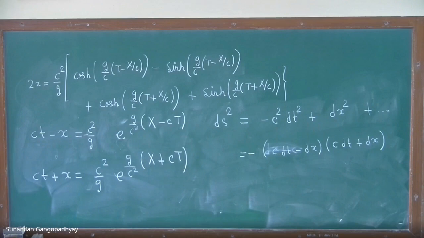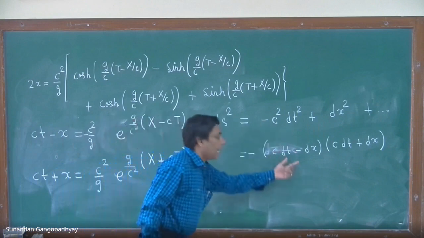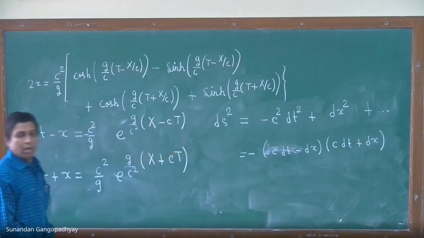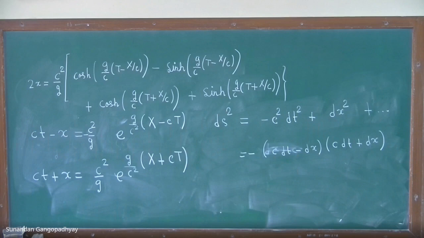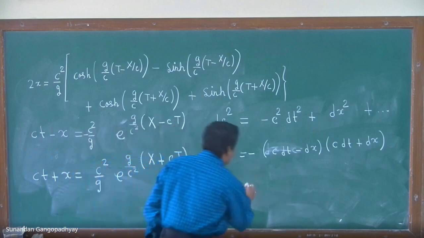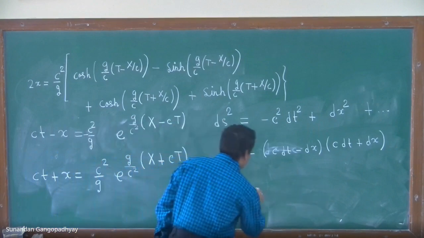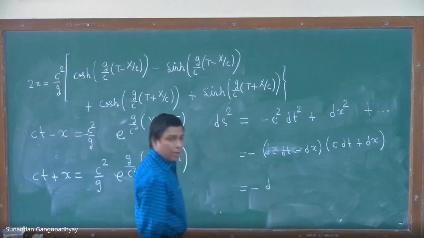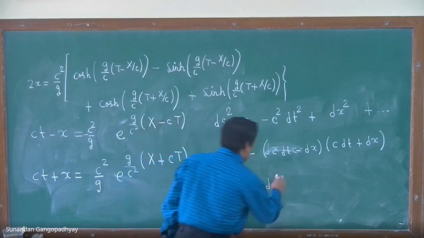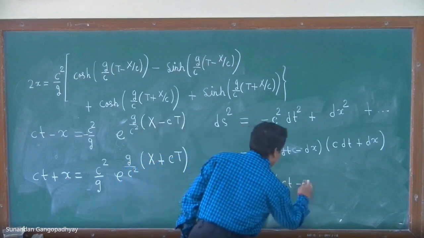Okay. And what we want to do is express this line element in terms of the regular coordinates, t and capital X. This is our aim. And for that, we have calculated this. This you can write in a very nice way. This is nothing but the derivative operator, d of ct minus x.